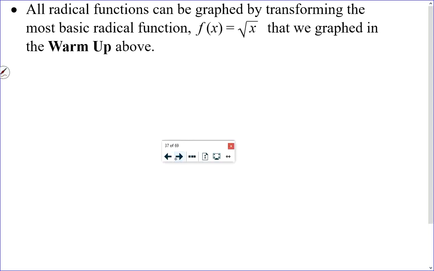So this is maybe a bit of a lie. I say all radical functions can be graphed by transforming that function. It's a lot or most. I can probably come up with some radical functions which are not transformations of that. The square root of the sine of x is not going to be a transformation of that, right?